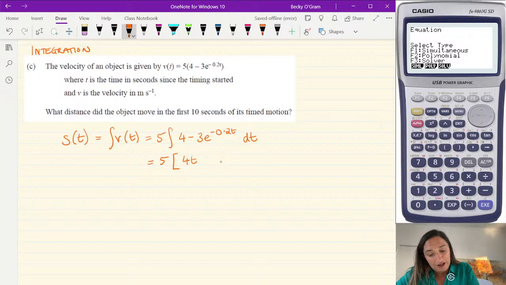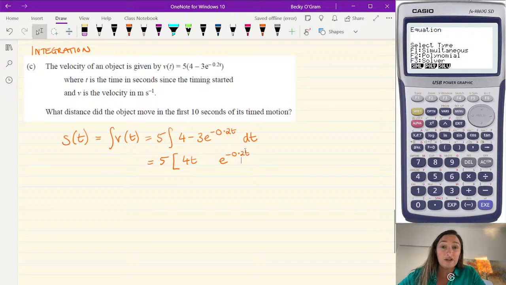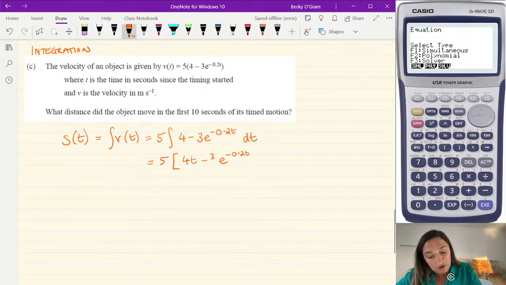And if I integrate e to the power, it remains the same, but we divide by the coefficient of t in the power. Don't get confused about it being derivatives, we're just using reverse chain rule here. So when we're integrating e, we divide by what's up there with the t. So this will be minus 3 over minus 0.2, so I'm going to turn that into a plus.